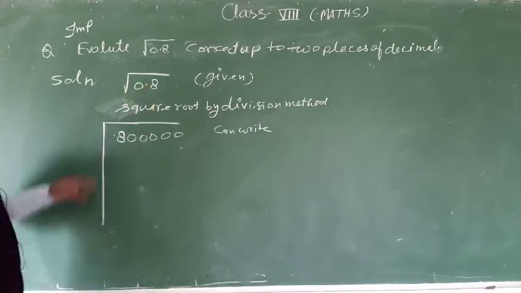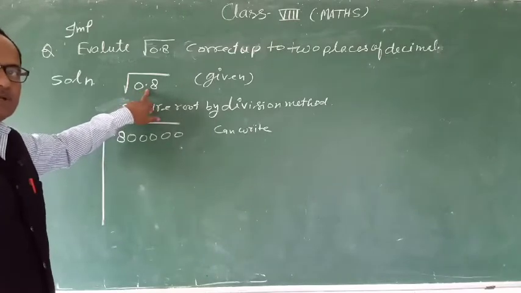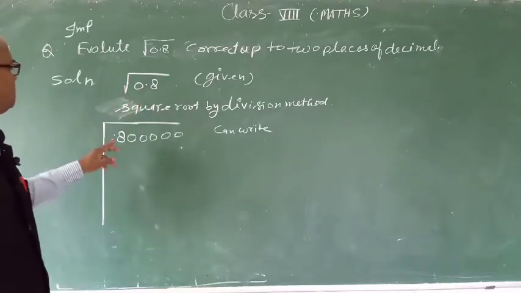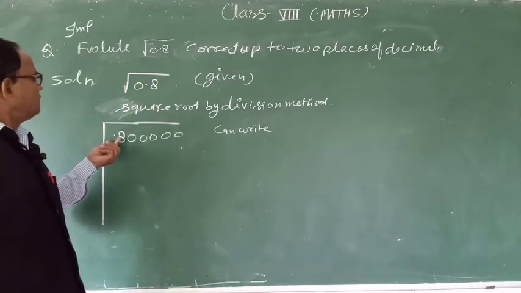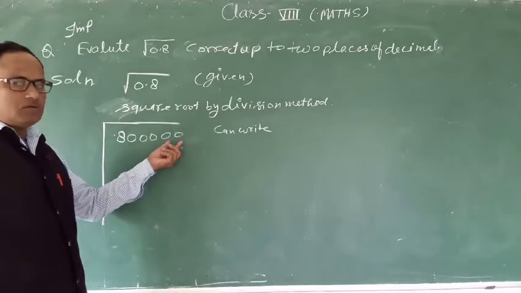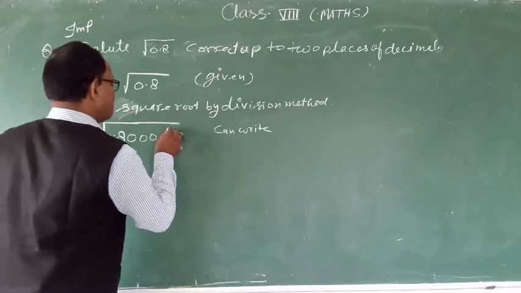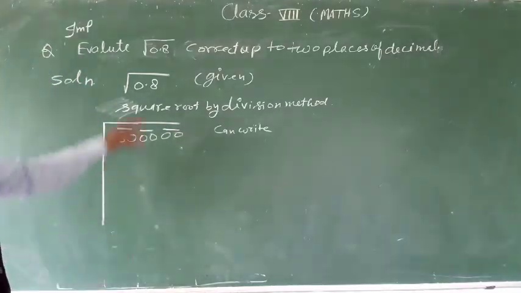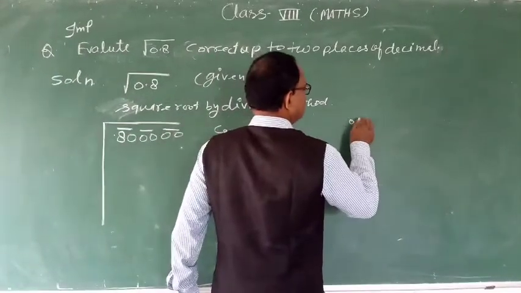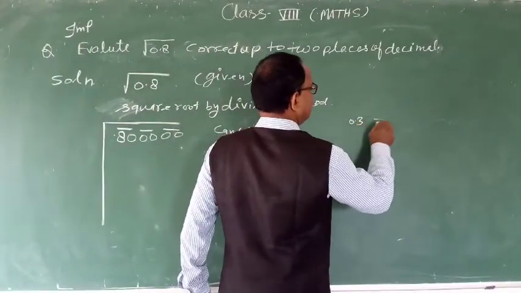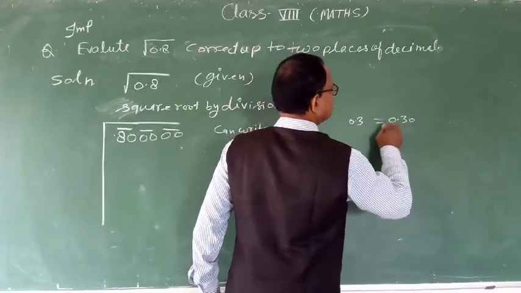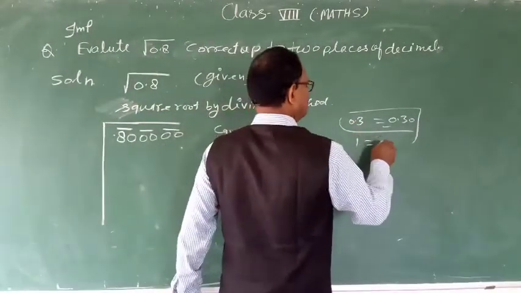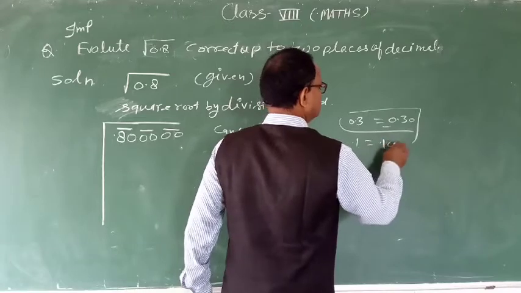If such types of numbers are given for square root, then we can write 0.8000 and make its pair form. We can write 0.30, we can write 0.10.